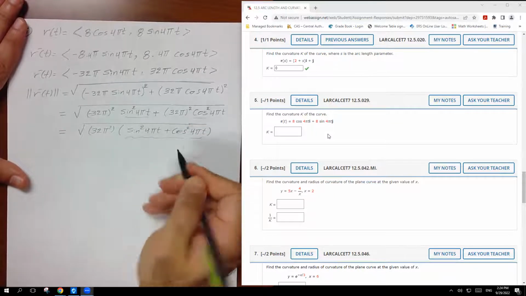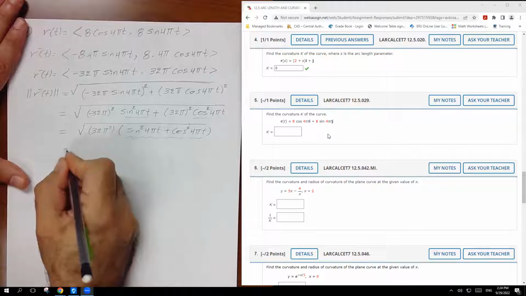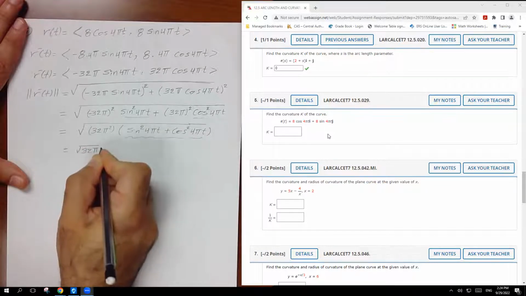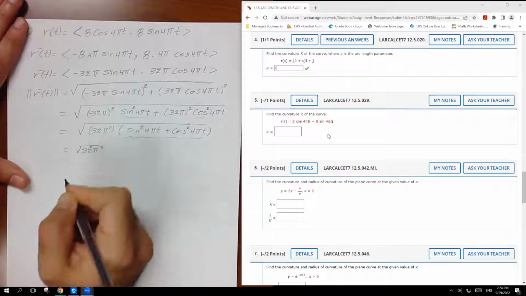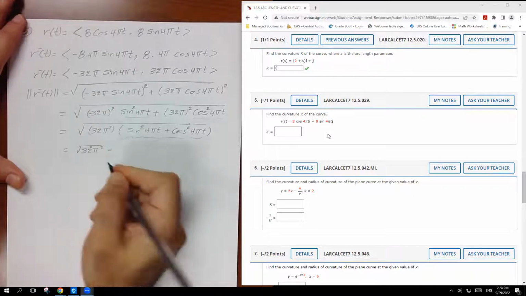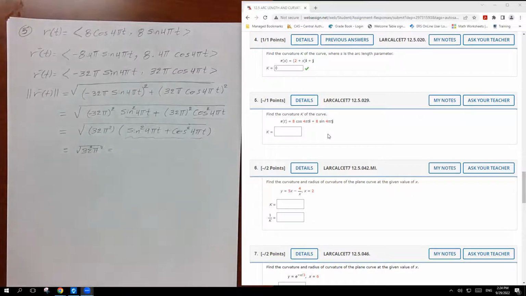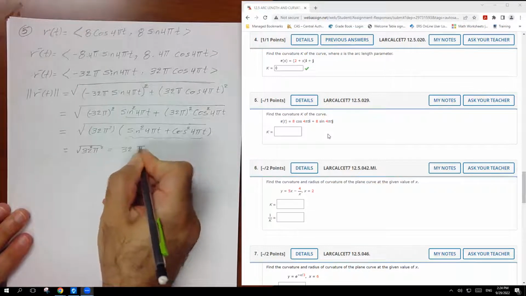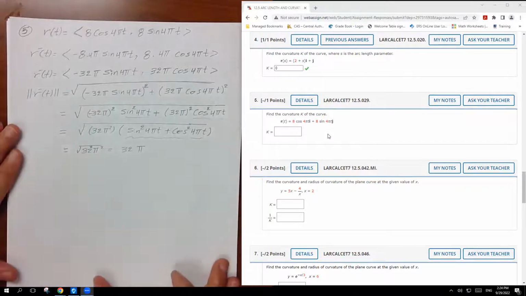Everything here is equal to 1. That means it's going to be the square root of 32 squared pi squared, which is equal to 32 pi. So this is the length.